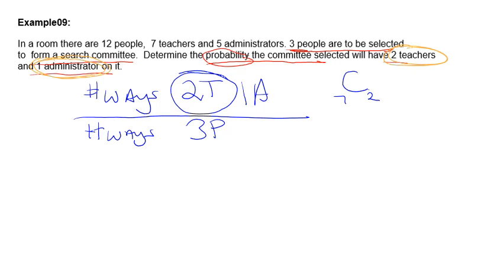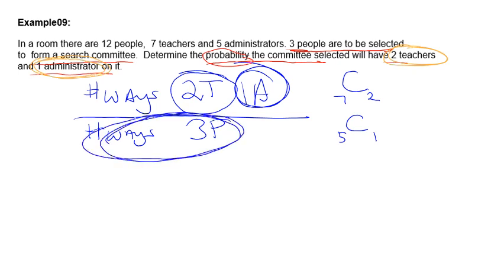Doesn't matter what order, you just need them on the committee. If we need 1 administrator, that 1 administrator has to come from the 5 administrators. Again, no order. If you look at the denominator here, well, we need just 3 people. Those 3 people are being selected from the 12 people in total. Because again, for the denominator, there's no particular makeup that was necessary. Just 3 people. So you do your math.